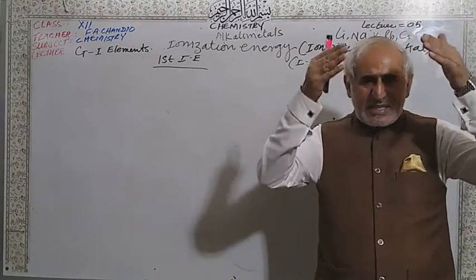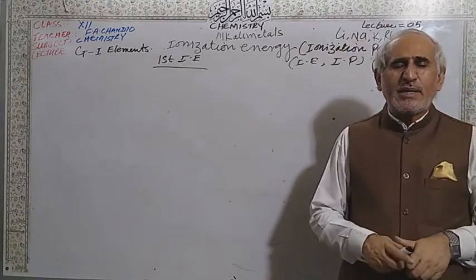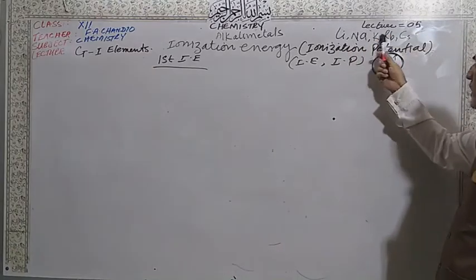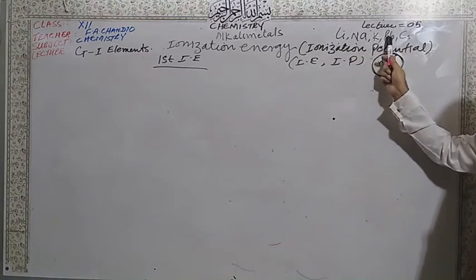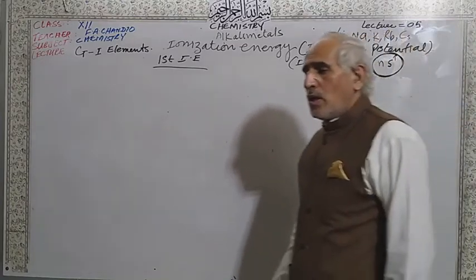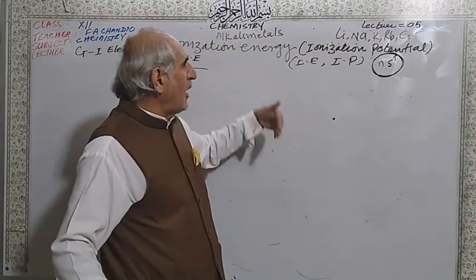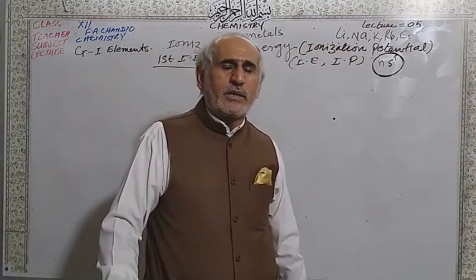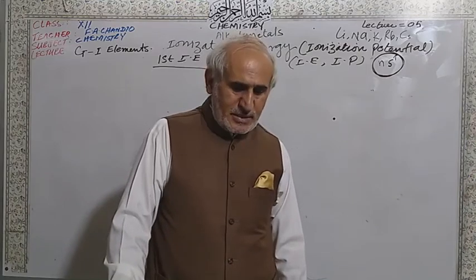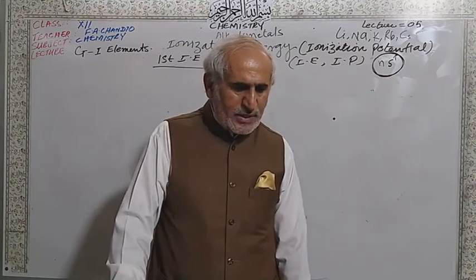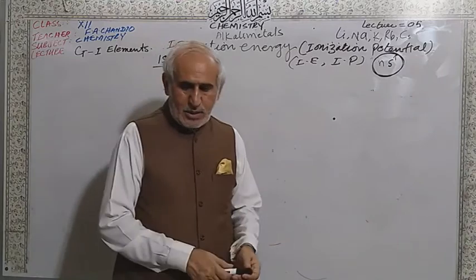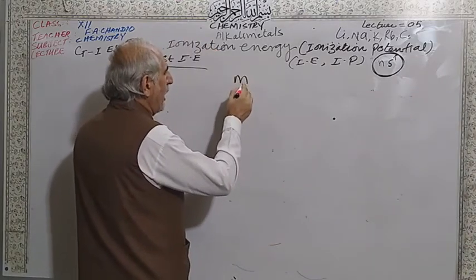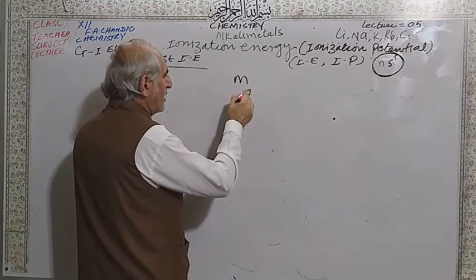So, dear students, we know that group number 1 elements from lithium to cesium have the general electronic configuration ns1. n is the principal quantum number. Lithium is 1s2 2s1, then 3s1, 4s1, 5s1, 6s1. This is the principal quantum number, the number of shells.